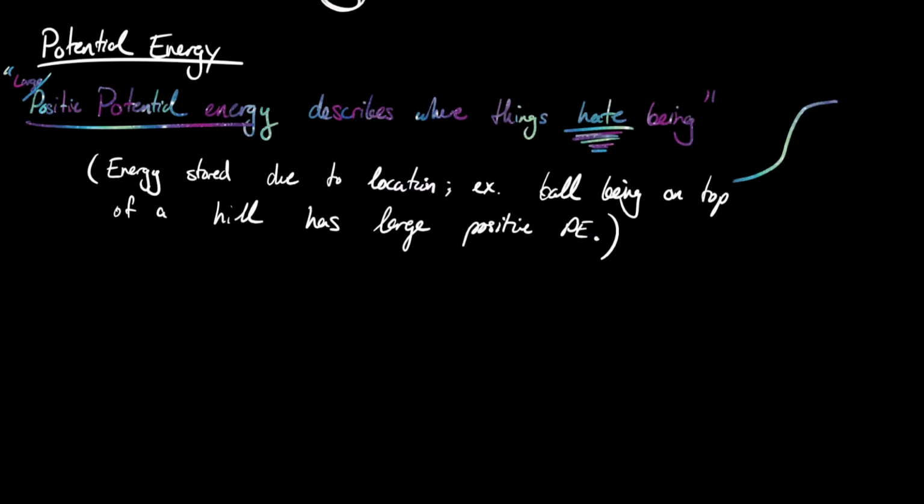Okay, so if we have a hill here, that's a very crude hill, and a ball, the ball likes being here. Gravity continually tries to push it back down to the bottom of the hill, and it hates being here.